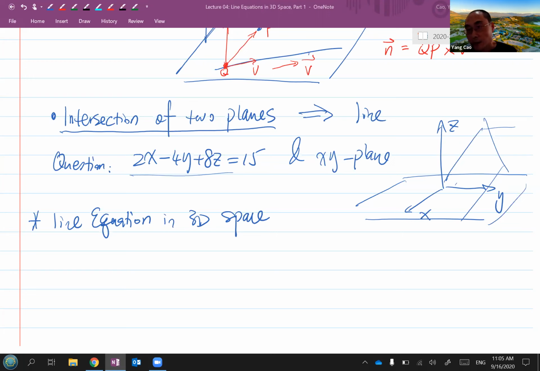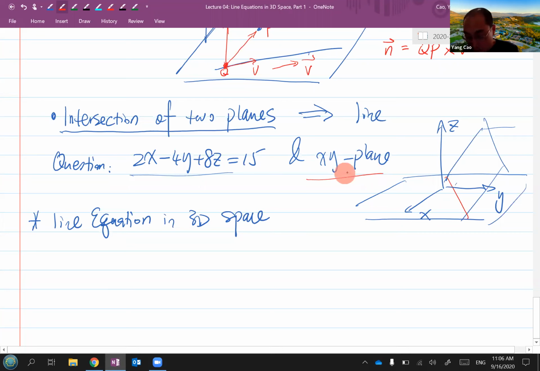Okay. So this is your answer. Very, very good. The answer is the last one: 2x minus 4y equals 15. As you know, the intersection between the two planes is going to be a line. Now, what's the equation for the xy plane?